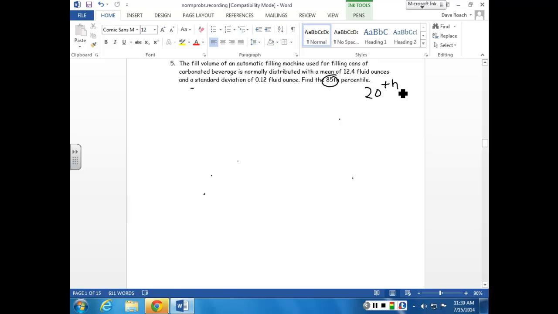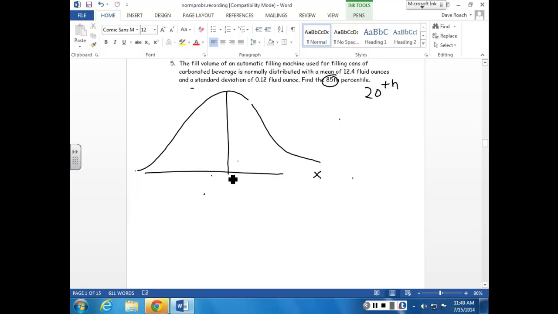Just to give you the idea of this, this one is, I wouldn't call it tricky, but maybe compared to the other one, a little trickier. So the 20th percentile is right here. We're looking for an x right here.